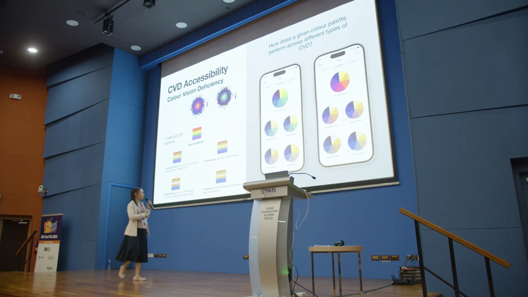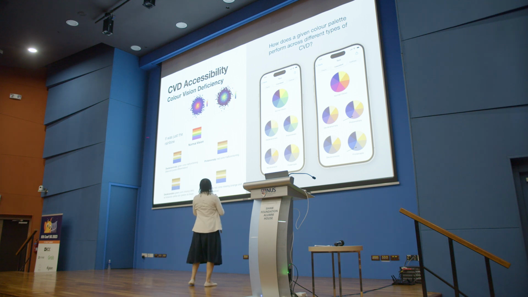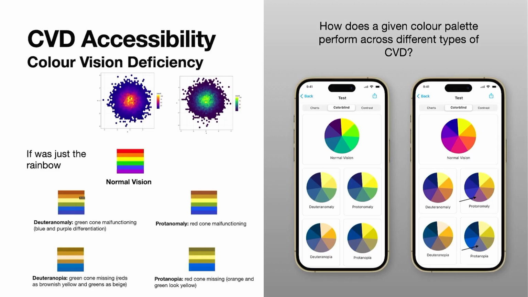So for instance, for deuteranomaly, you can see how the blue and the purple really start to blend together too much. So if the color map really was just half the rainbow, it wouldn't perform very well, as you can see. And then with deuteranopia, you can see that you lose a lot more. You start to get the brownish yellow and beige for your greens, and same for other types of color blindness.